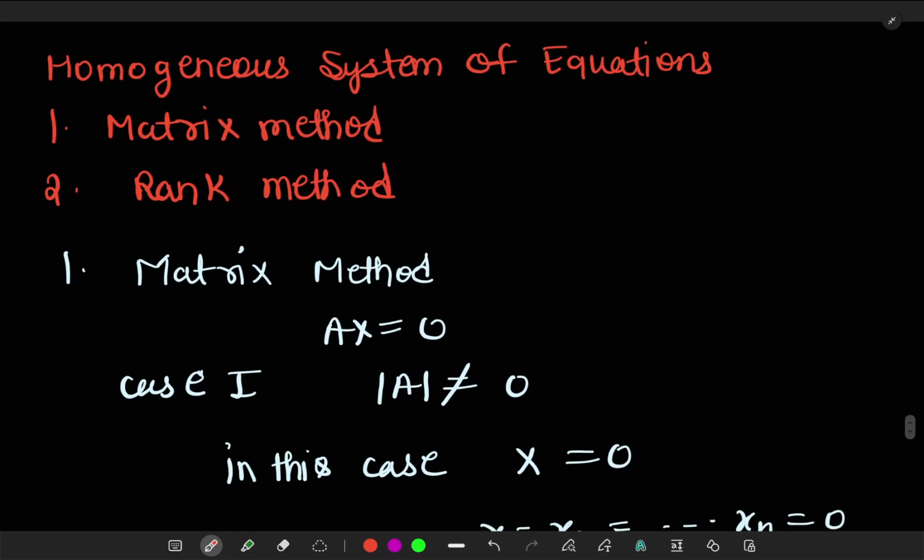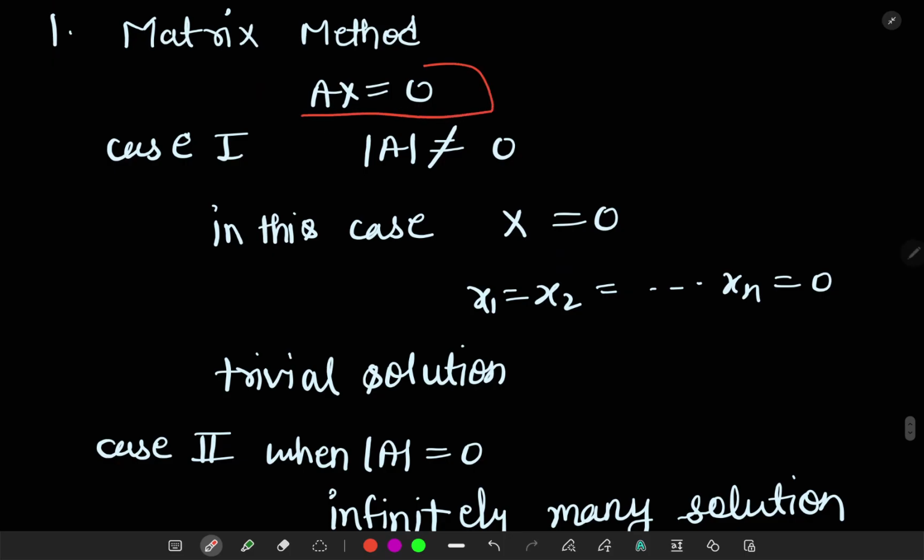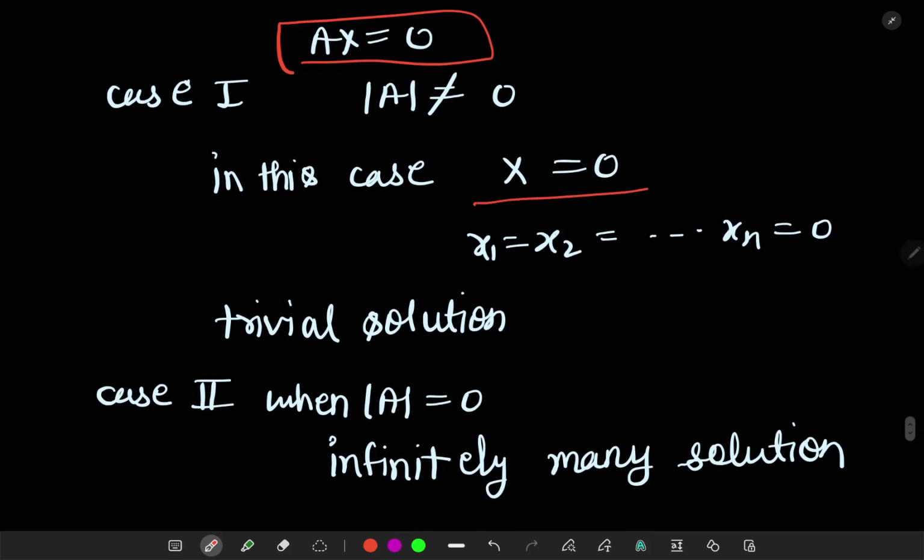Now, homogeneous system of equations. There are two methods, the matrix method and the rank method. In the matrix method, this is the general equation for a homogeneous system: Ax is equal to 0. Case 1: if determinant of A does not equal 0, in this case x equals 0, meaning x1 equals x2 up to xn equals 0.